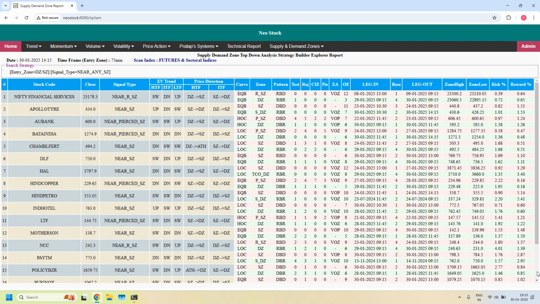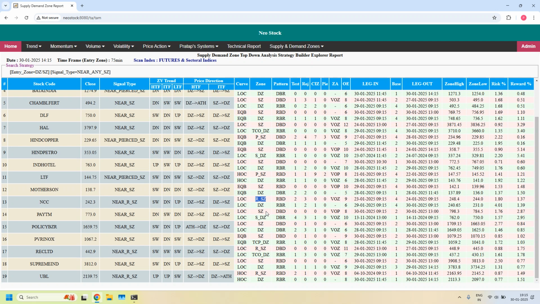Let us identify high liquidity 75 minute supply zones. Nifty Financial Services, that is FinNifty, is a high liquidity zone. It is listed in F&O. NCC is having a high liquidity 75 minute supply zone.